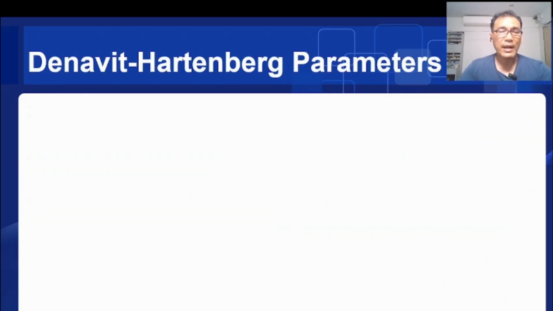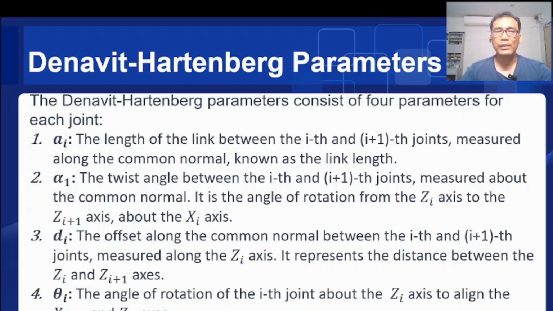Next slide, we will talk about Denavit-Hartenberg parameters. The Denavit-Hartenberg parameters consist of 4 parameters for each joint. First parameter is a_i, the length of the link between the i-th and (i+1)-th joints measured along the common normal, known as the link length.